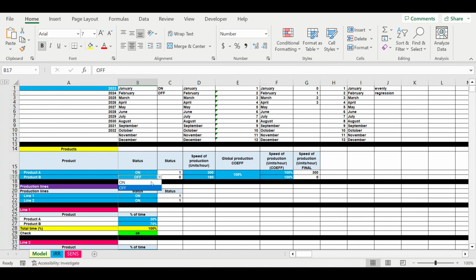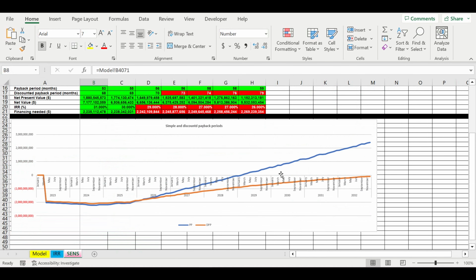So we assume that we're going to produce 300 units per hour of product A and 180 units per hour of product B. What will happen if we have only 150 units per hour for product A and 90 units of product B per hour of manufacturing productivity? I'm just using this coefficient, and we can go here to see how this affects the financial efficiency.